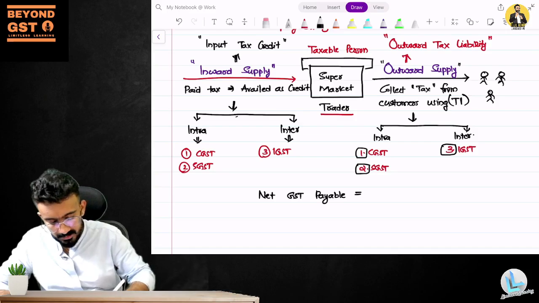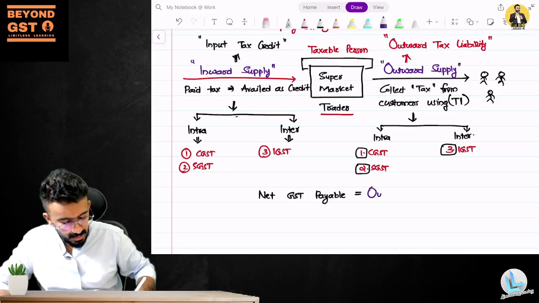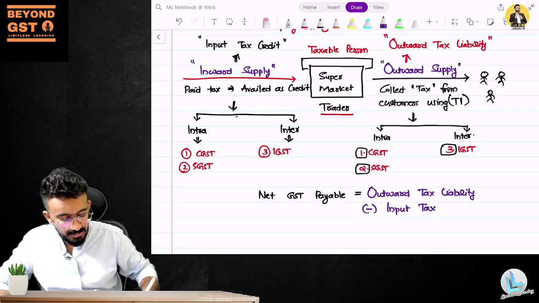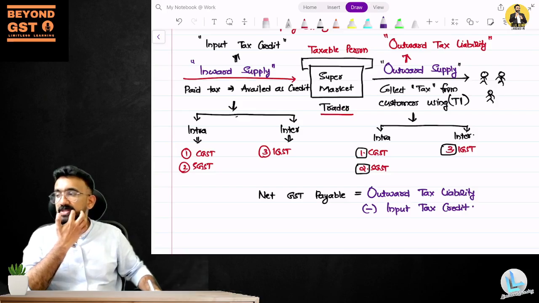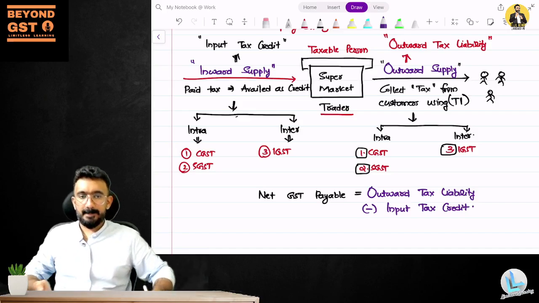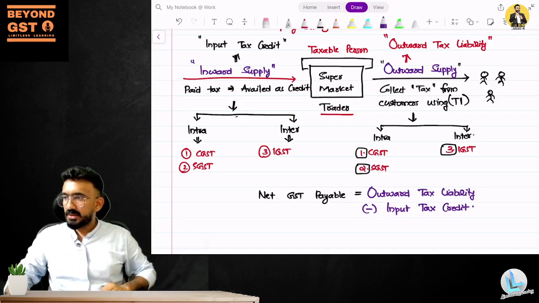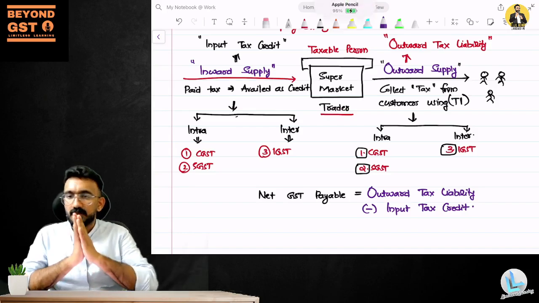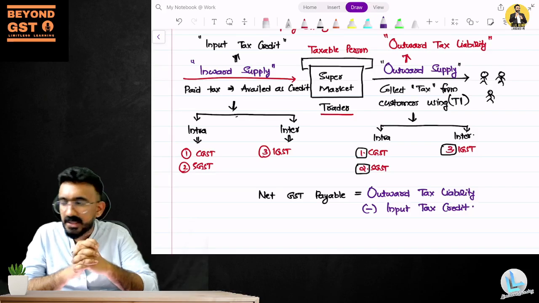It is nothing but outward tax liability minus input tax credit. This is what you have to do on a month-on-month basis. And this is what is called as net GST computation. Are you guys clear on whatever I have explained so far? Can I have a quick yes on the chat box?